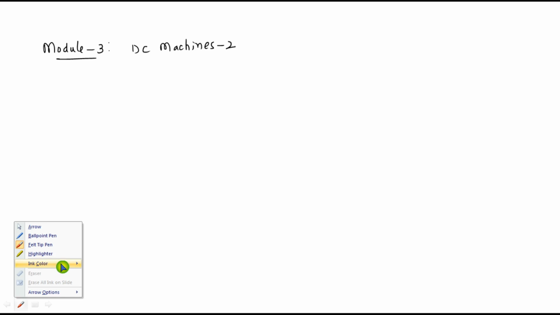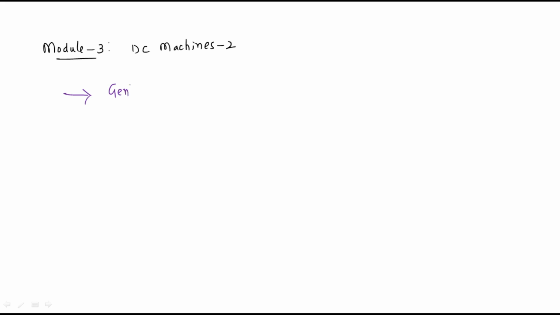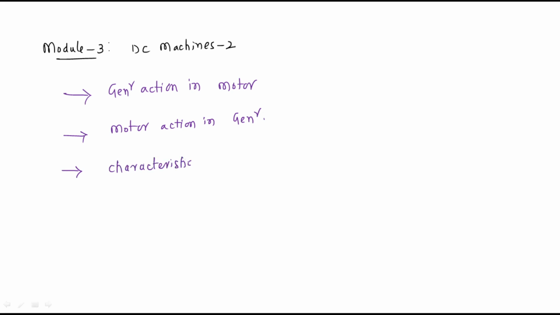The contents which are present in this module 3 are generator action in motor, like that, motor action in generator, and we have to discuss the characteristics of DC machines and speed control of DC motors.